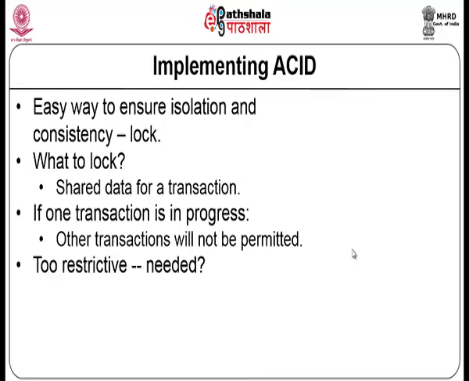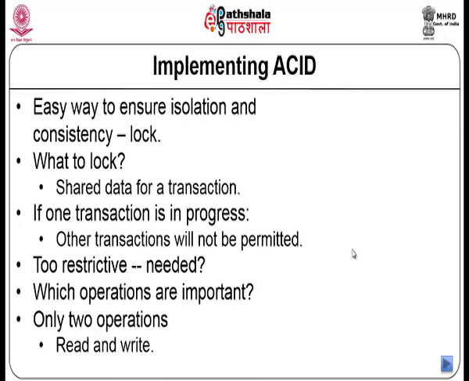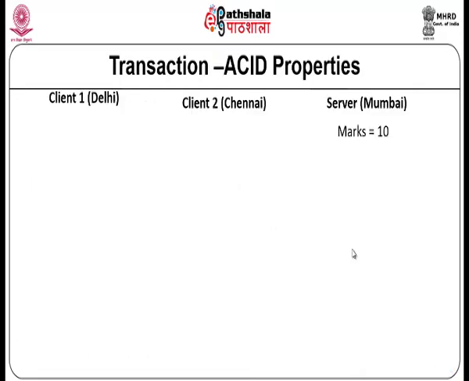Do we actually need so much restriction? We can look at the individual operations and see which operations are to be locked, and then execute locks. So, we have two operations, one is called a read and the other is called a write. These are the two RPC based operations which are to be restricted.